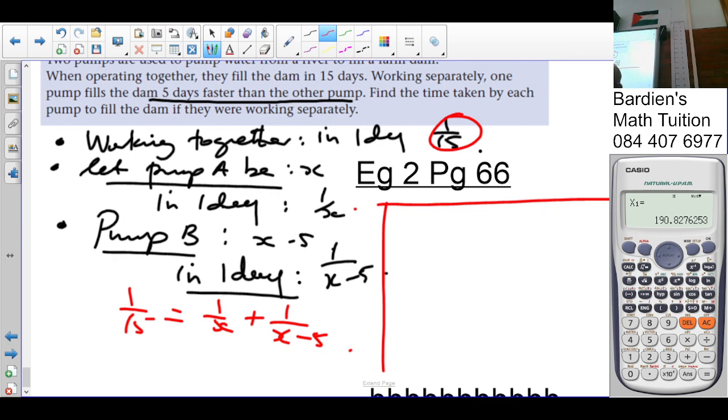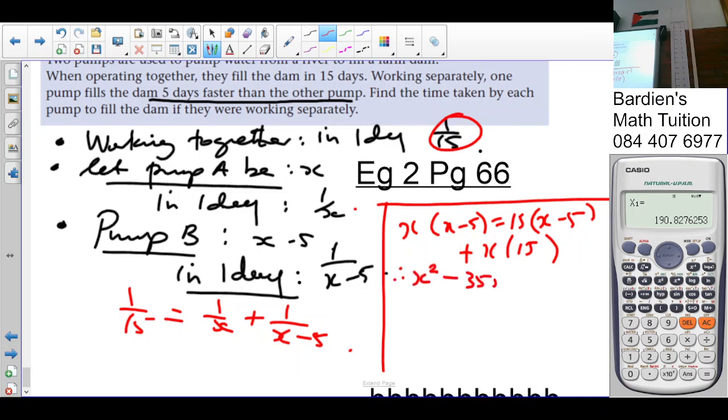That gives us an LCM of 15X into X minus 5. So X into X minus 5 equals 15 into X minus 5 plus X into 15. Simplify that, and it gives you X squared minus 35X plus 75 equal to 0. The quadratic formula then gives us X is equal to 32,71 or X is equal to 2,29.